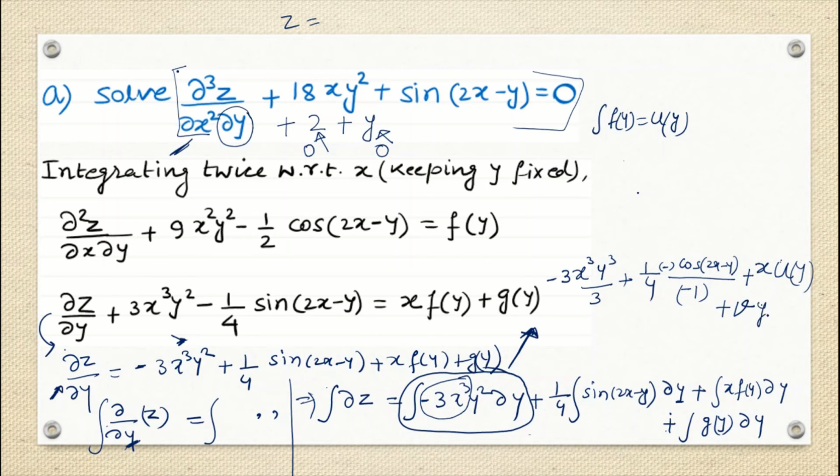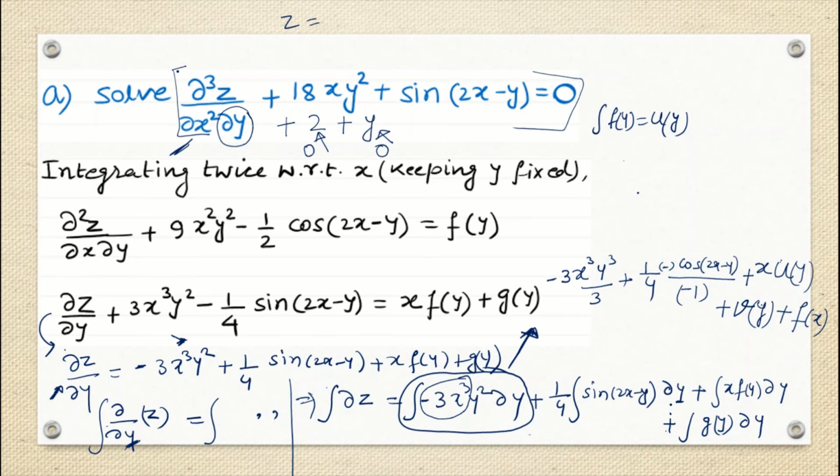Okay, v(y), done. Now plus what should I write down here? I have to add the arbitrary function, but if I'm integrating with respect to y, I have to add the arbitrary function with respect to x. So I'm writing down plus f(x). This f(x) is an arbitrary function with respect to x, because I have done the integration with respect to y.